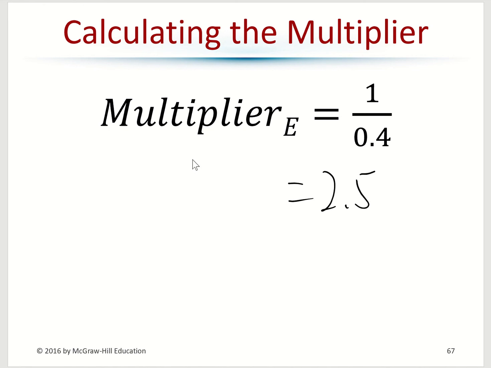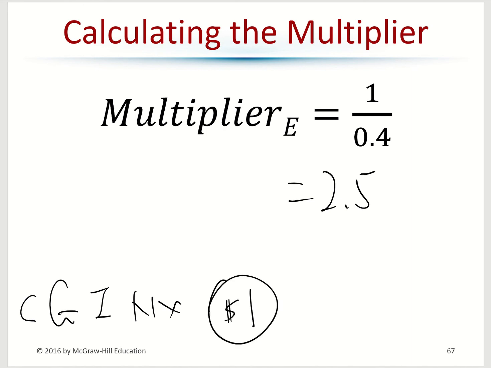That means every time any of the four factors, your consumption, government spending, investment, or net export, increases by, let's say, $1, then this $1 can be translated into $2.5 of total spending increase in the economy. That's the multiplier effect.